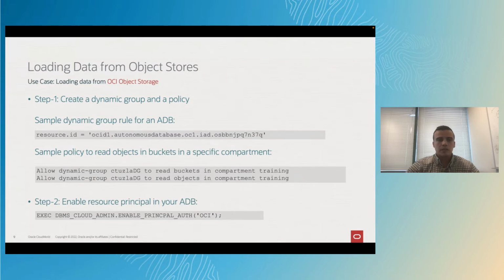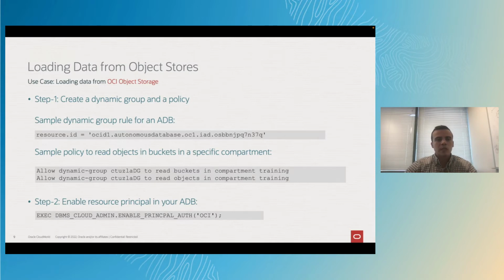Our first step is creating a dynamic group and a policy. We are creating a dynamic group here, defined by a resource ID, and it involves a single Autonomous Database in this case. Of course, we can make the dynamic group even larger in scope. It can include the resources of an entire compartment or the entire tenancy.